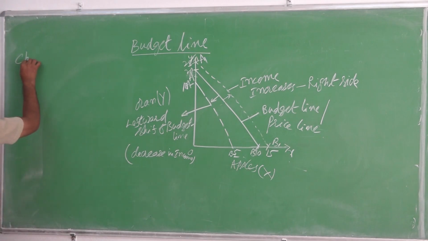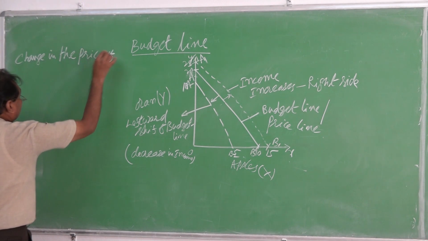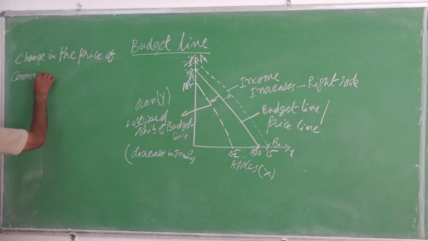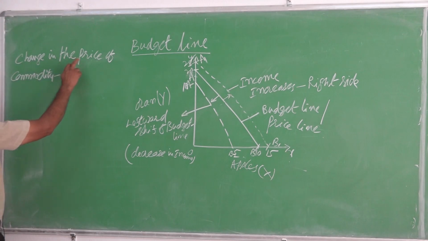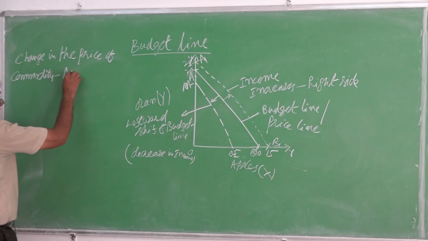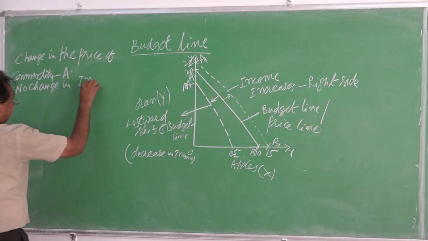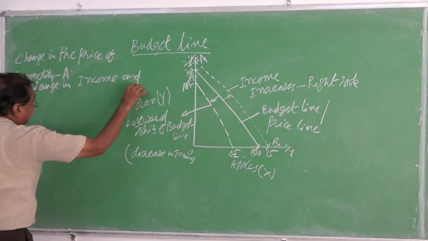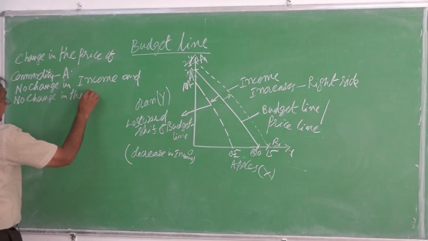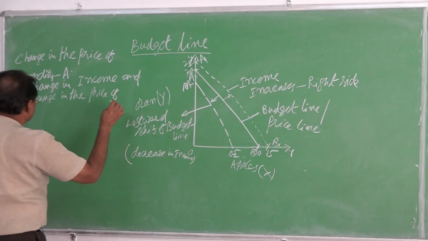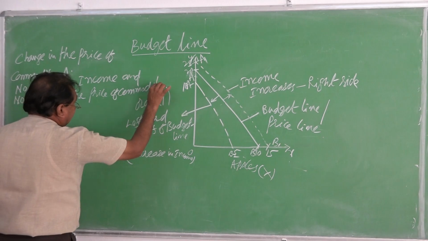So, here change in the price of commodity A. Here, no change in income and no change in the price of commodity B. Commodity A we are saying apples, commodity B.